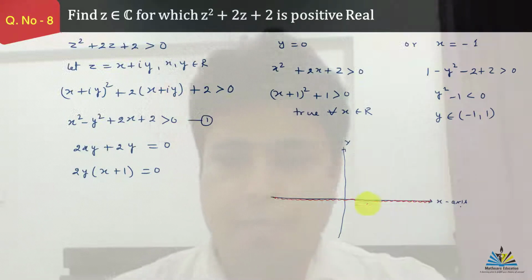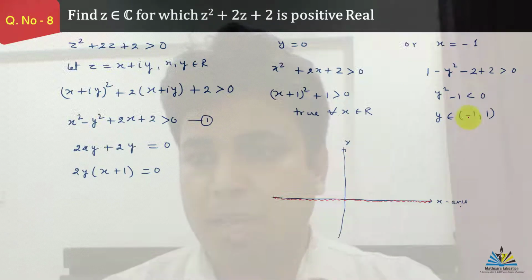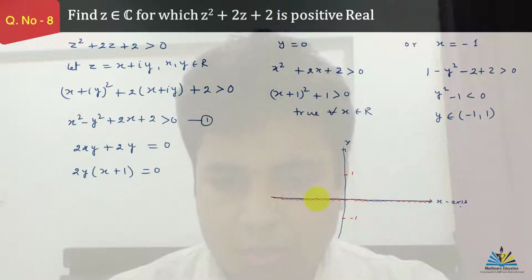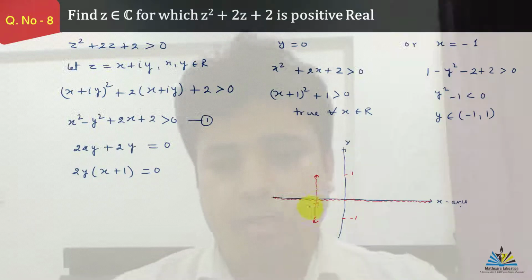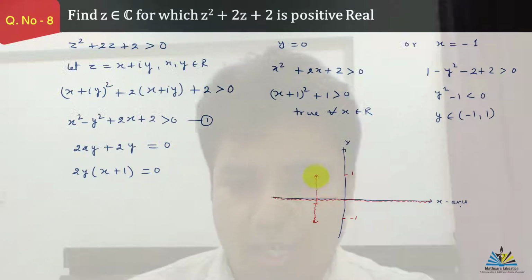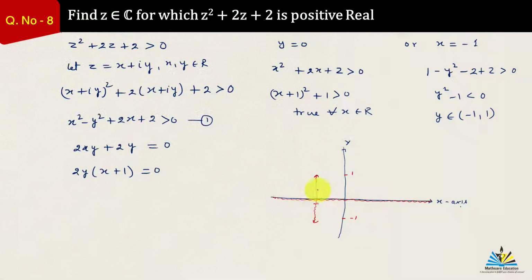And if x equal to -1, then y will lie in -1 to 1. So let's say this is 1 and this is -1, so we will get the solution from here to here. So you can see the whole real axis and the points on this line segment are the solution of this equation.